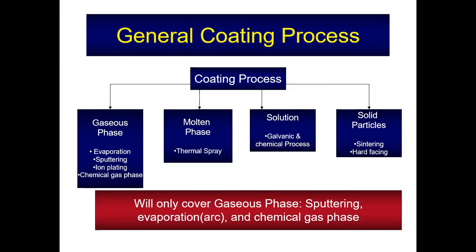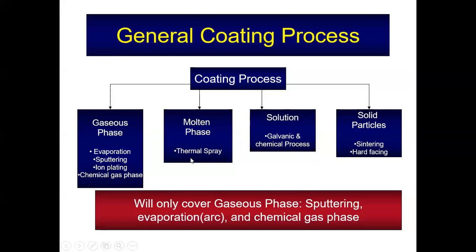Gaseous phase indicates that the coating is deposited from the gaseous phase of materials to solid phase. Molten phase indicates that the coating material is being molten. Once it's melted, you apply the molten coating materials on the surface of the artifact.